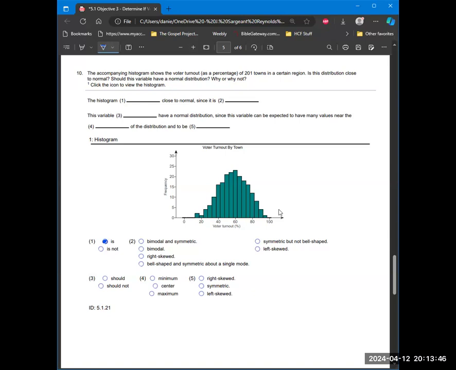So it is close to normal since it is bell-shaped and symmetric about a single mode. And we would expect that the variable should have a normal distribution since the variable can be expected to have many values near the center of the distribution and be symmetric.